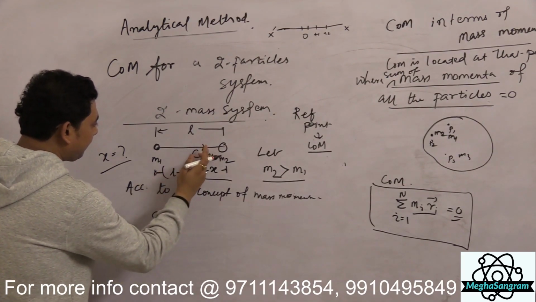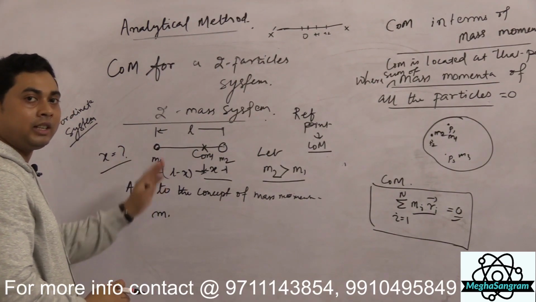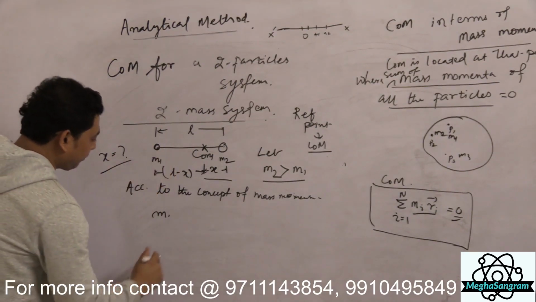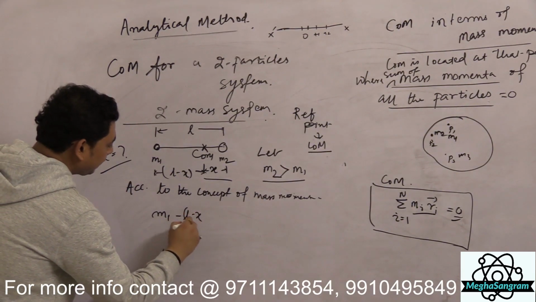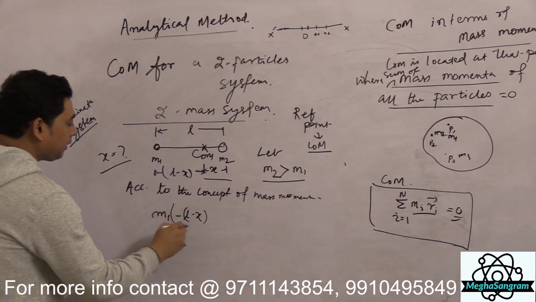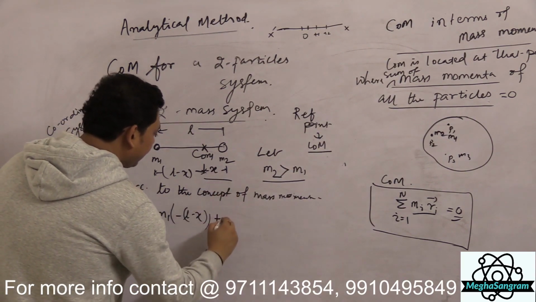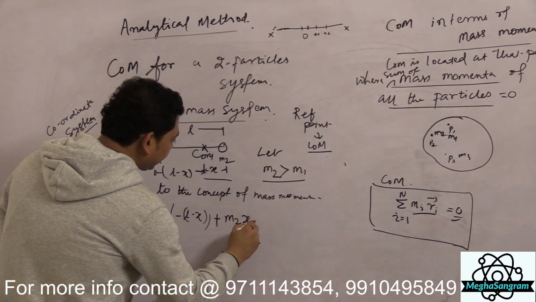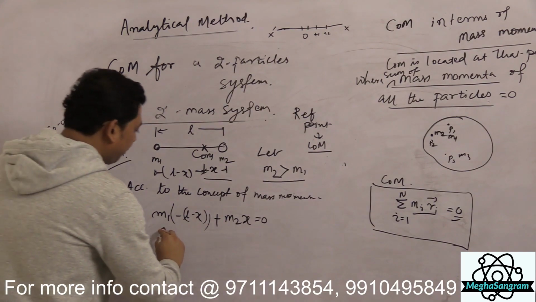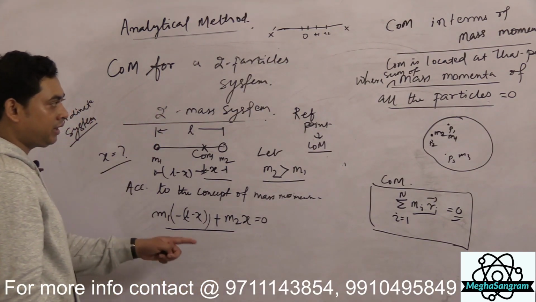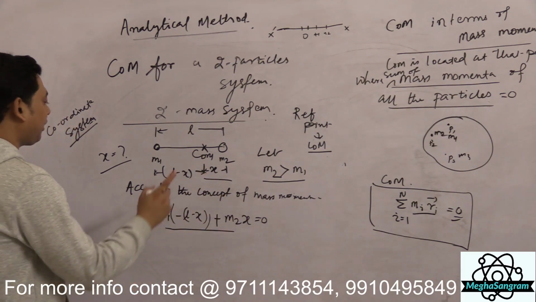And since the L minus x part is located on the left hand side of the reference point, m1 into minus (L minus x), why minus, because it is on the left side of the reference point, plus m2 into x is equal to 0, because the concept says that the point where the sum of all the mass moments of all the particles is equal to 0 will be the location of the center of mass.